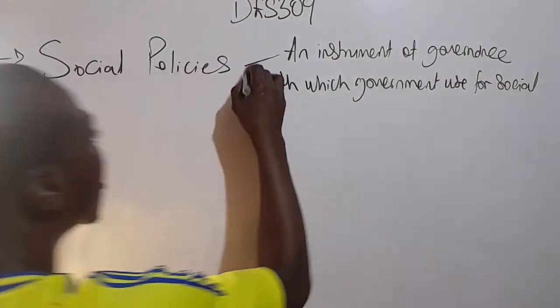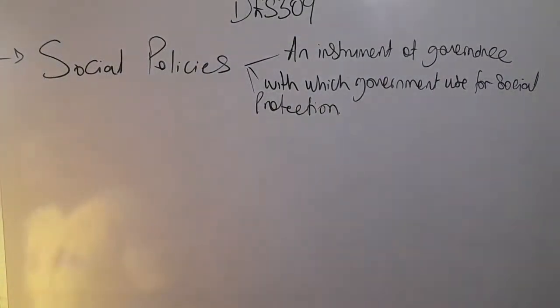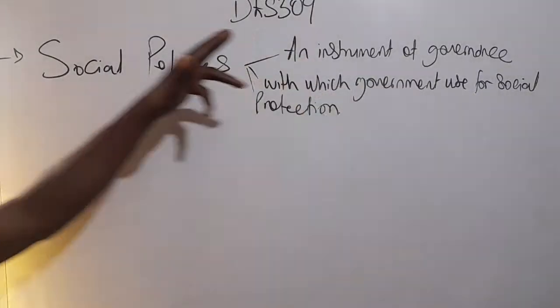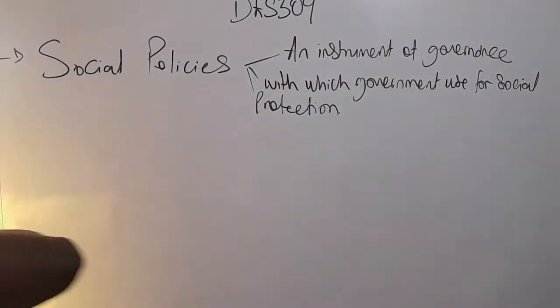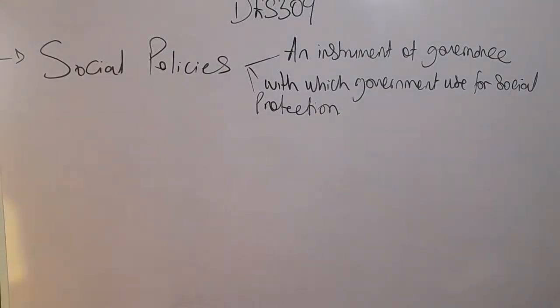Okay, let's put it here. Social protection. Okay, it's the responsibility of the government to protect and to provide for the members of the state. So when it comes to the protection of the state now, social policies are being used. Policies that will favor, that will improve the standard of living of the people, make life easy for the citizen of the state. All right, and we have that is that.